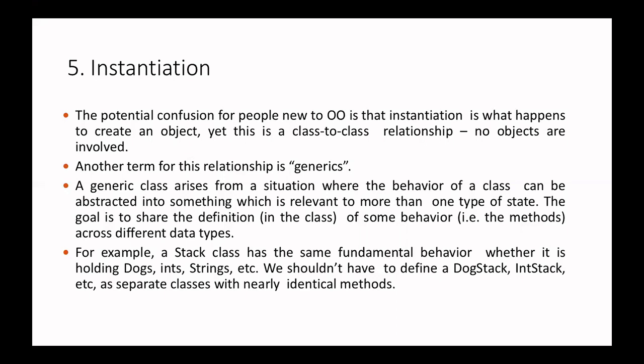A generic class arises from a situation where the behavior of a class can be abstracted into something which is relevant to more than one type of state. The goal is to share the definitions in the class of some behavior, for example, just methods, across different data types.